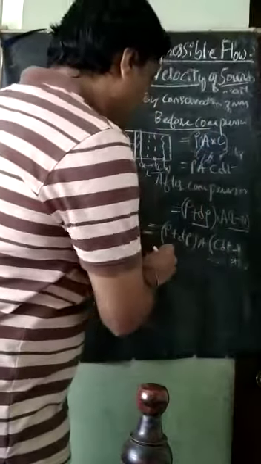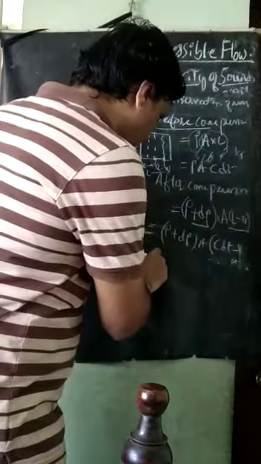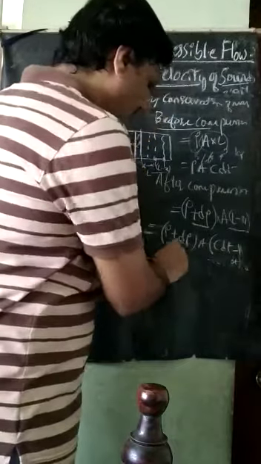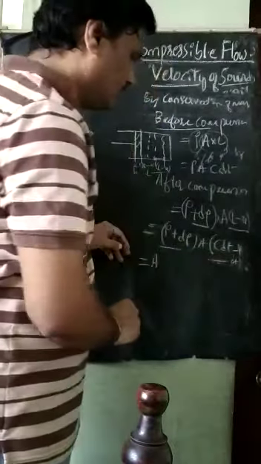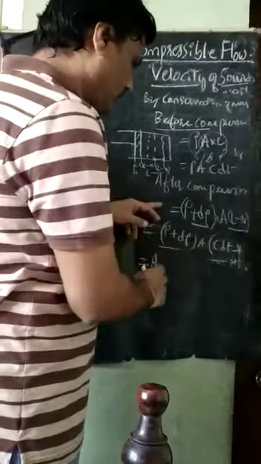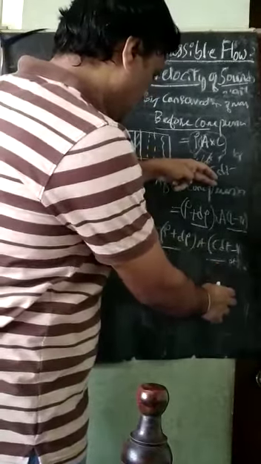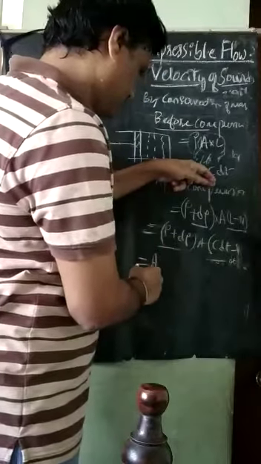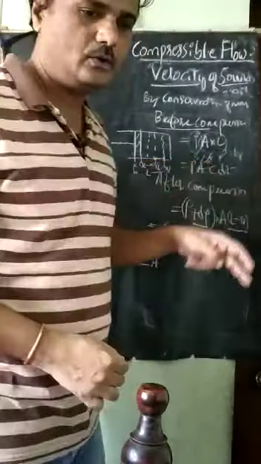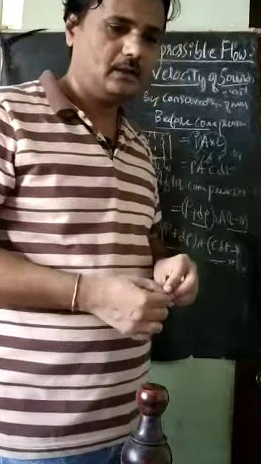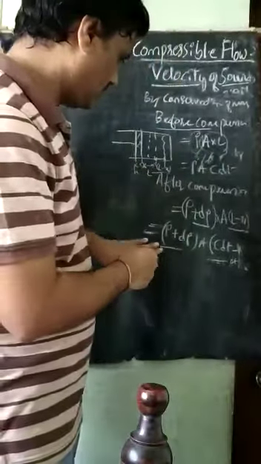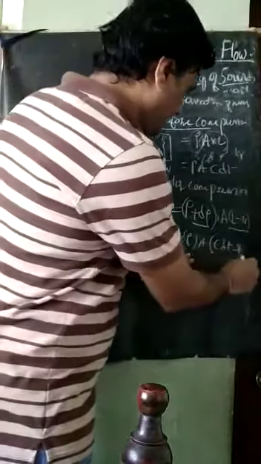V into dt. So next, this area as it is I will write, and I will expand these two terms, V into dt here. Not expanding, so take this as it is.